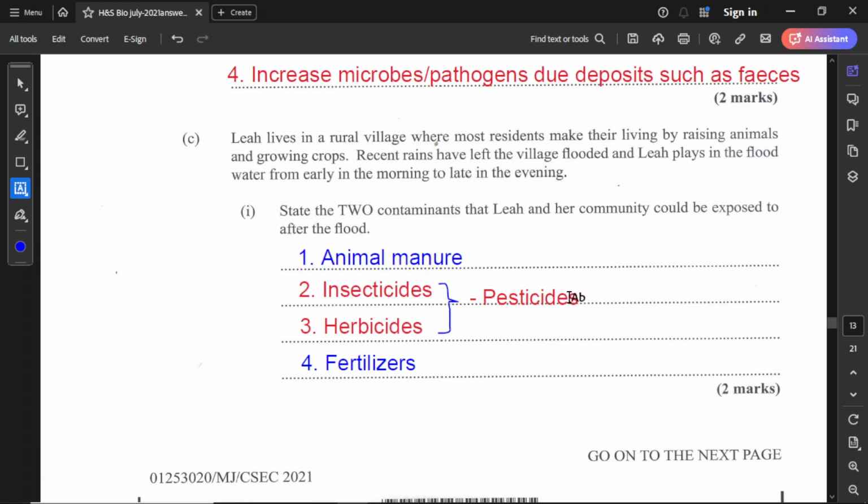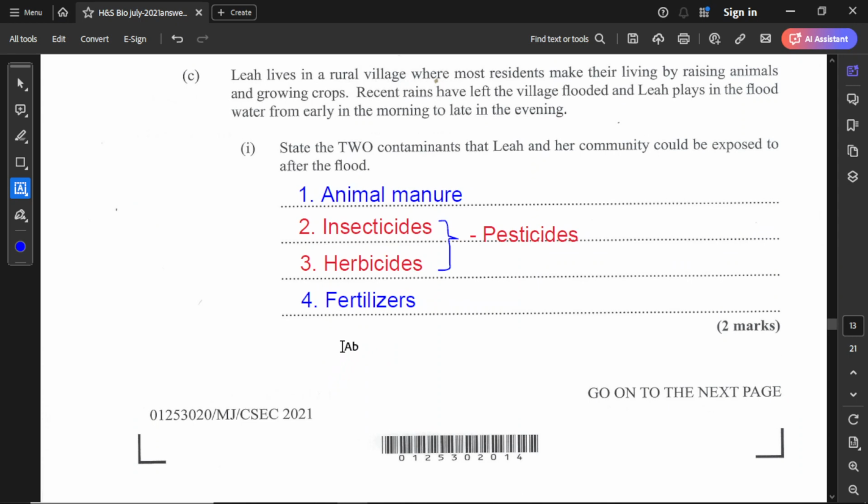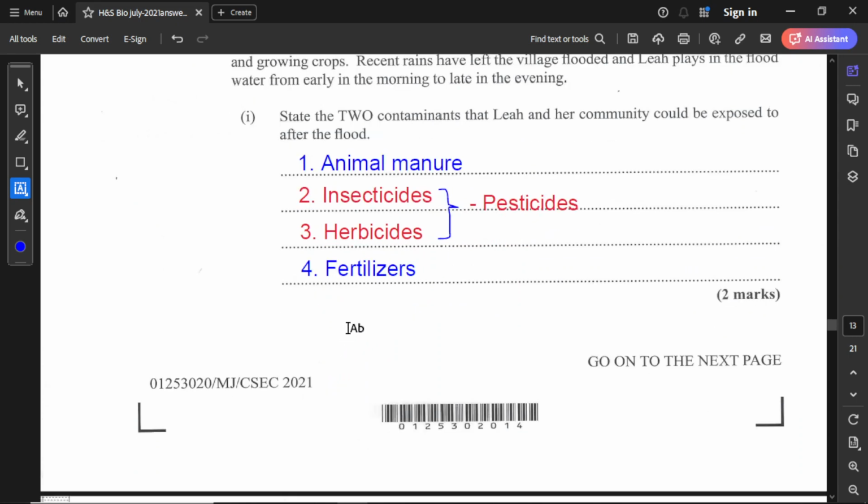All right, so pesticides and even, well, any chemicals they use generally on the farm could be in the water. Also, fertilizers could be another contaminant in the water as well. And any other suitable things generally used on farms may be part of the list. All right, so anything else you think of definitely will be a part of it.